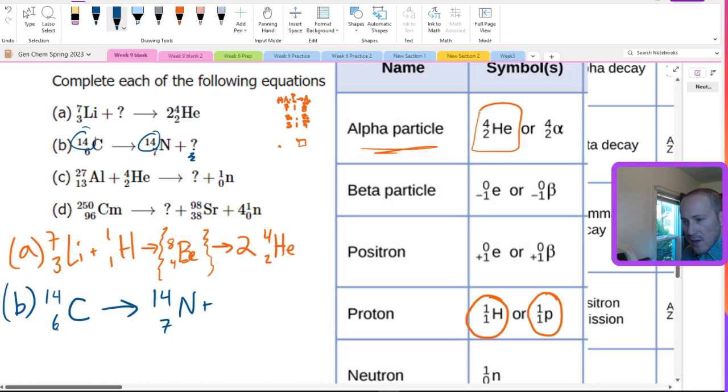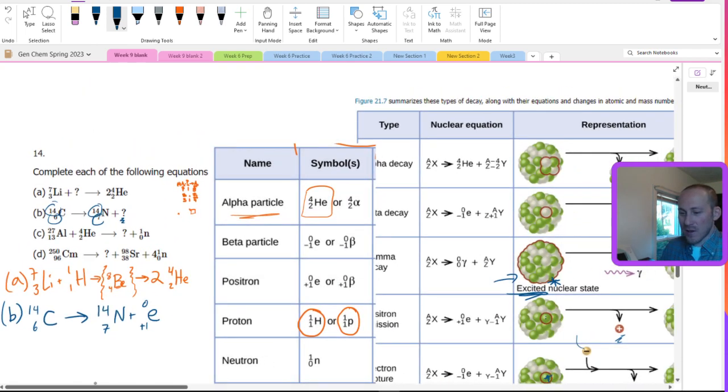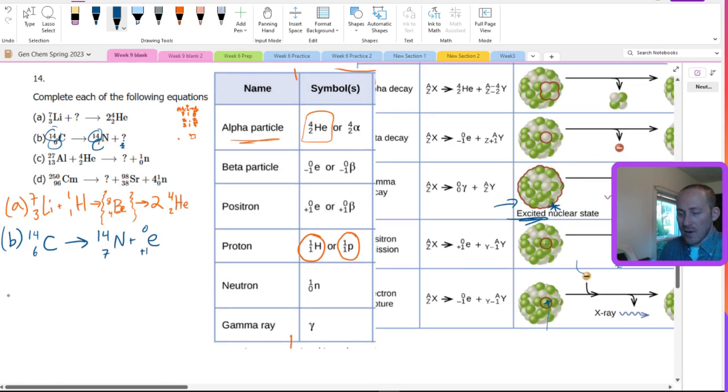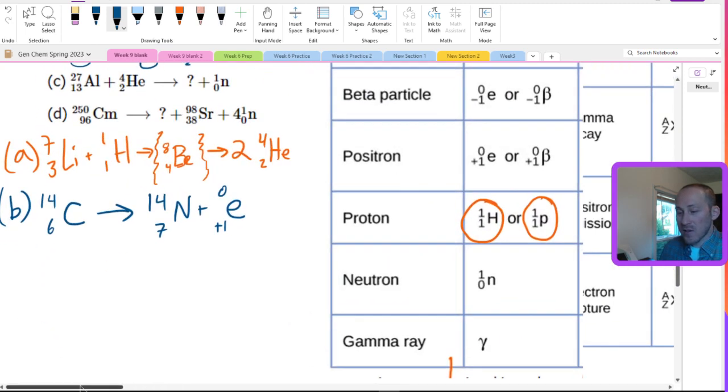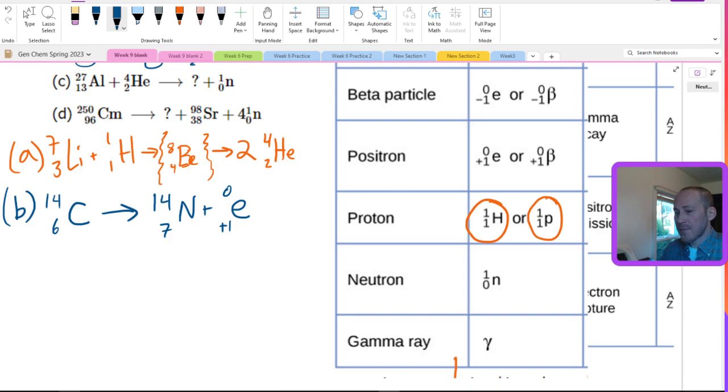What does happen is we have an increase in the Z. So which of our particles increases a Z? It's a positron. So we're gaining a positron, which is like a weird antimatter electron or something. I don't really know quantum physics that well yet. I hope someday to know it better, but as far as nuclear chemistry goes, that's what we need, right?